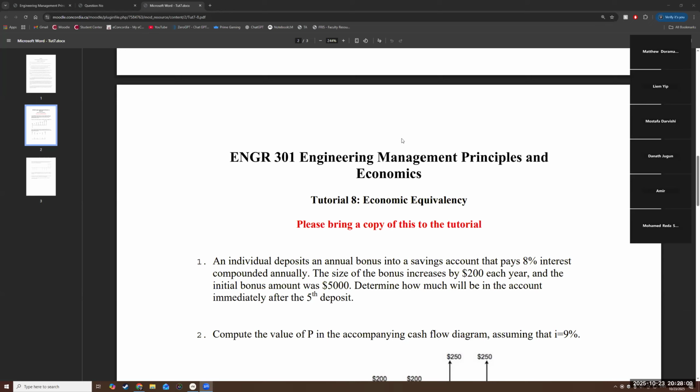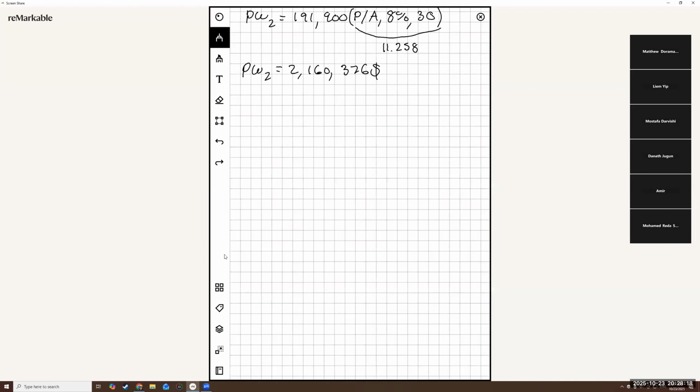Okay, so assuming there's no questions for now, let's go ahead and continue. So now we are going into tutorial 8, which is economic equivalency.